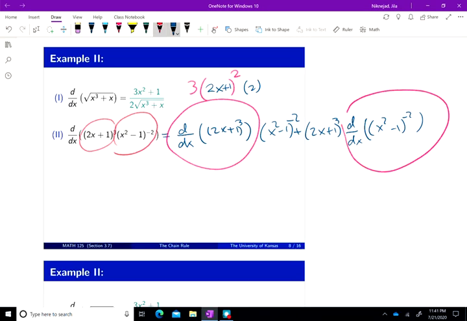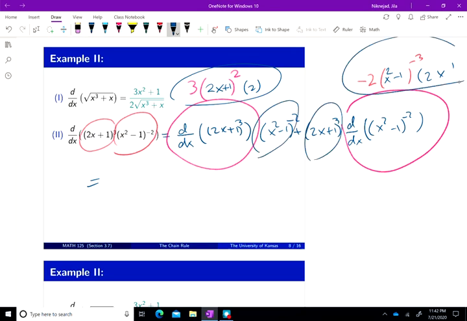Now, in here also, the outside function is u to the power negative 2. So the derivative of that is negative 2. Instead of u, put a parenthesis to the power negative 3. And then plug in the inside function unchanged. Then the derivative of the inside function, which is 2x. Now, when you write everything down, it's this times that plus this times that.